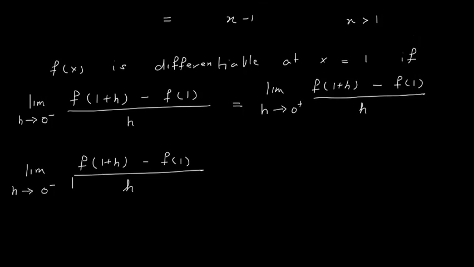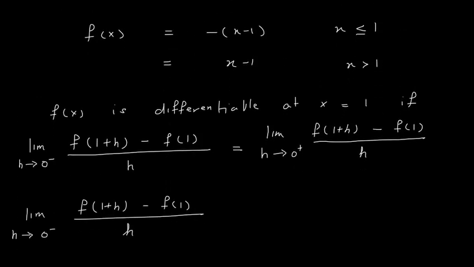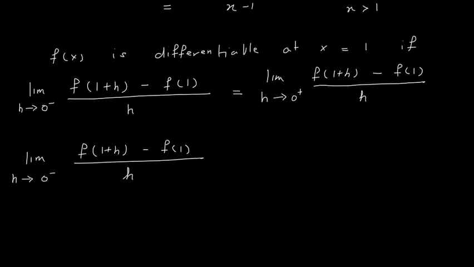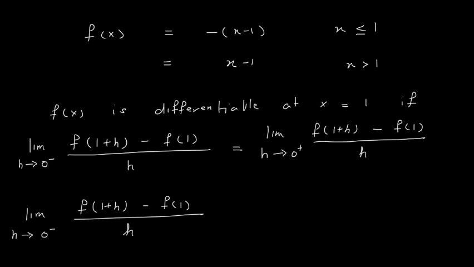Now when I say 0 minus, that means I have to see the value of the function when it is less than 1. For f(1 + h), you are going to take this upper value.